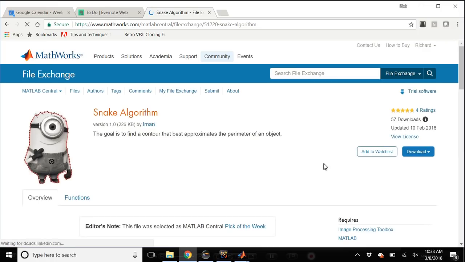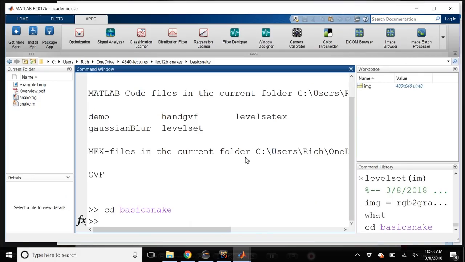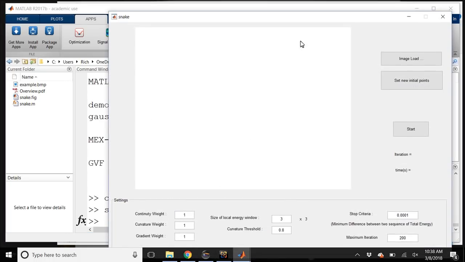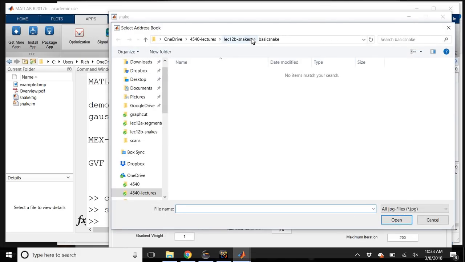Here, this is the function that I'm showing you, MATLAB Central File Exchange, just to give credit. And so let's do this. This is going to be a very simple outline of something.